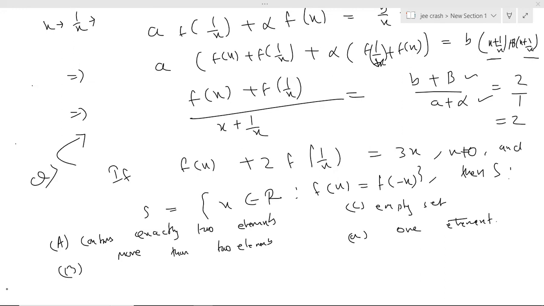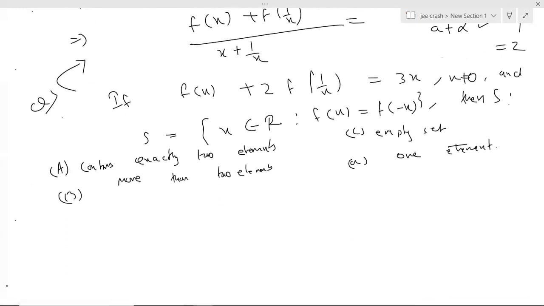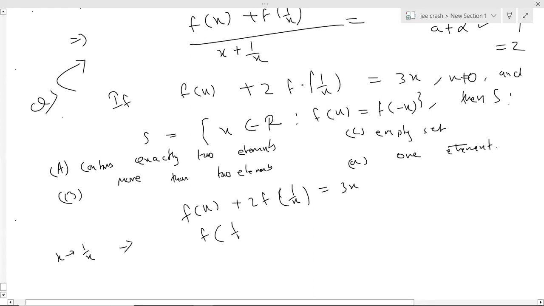No, Aditya, incorrect answer. C. f of x plus 2 of f of 1 upon x is 3x. Again, replacing x with 1 upon x, we will get f of 1 upon x plus 2 of f of x equals 3 upon x.